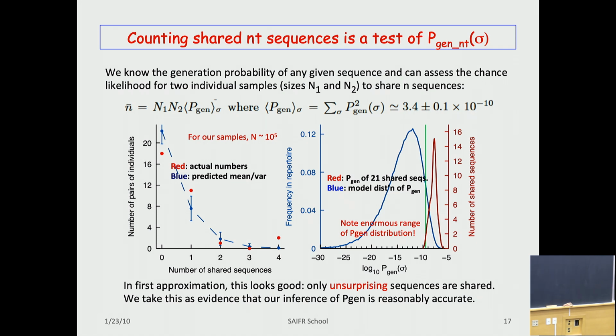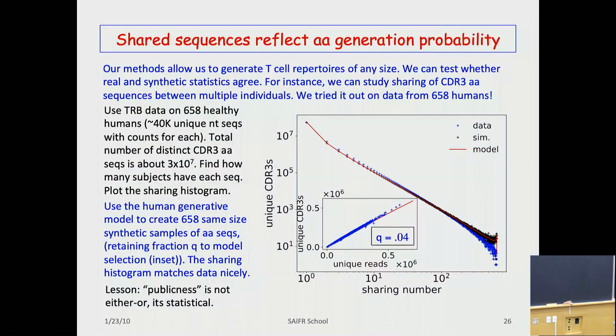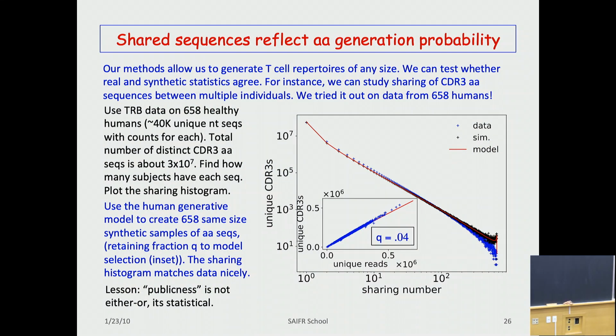So if we go back to 26, when you're looking at sharing numbers that are getting into the tens or the hundreds, you're implicitly doing some kind of convolution of the probability distribution to a very high order. And I'm astounded that it works as well as it does.